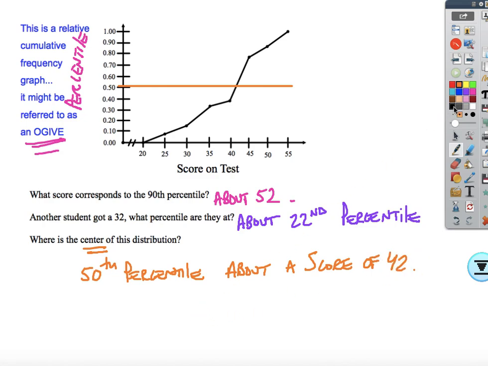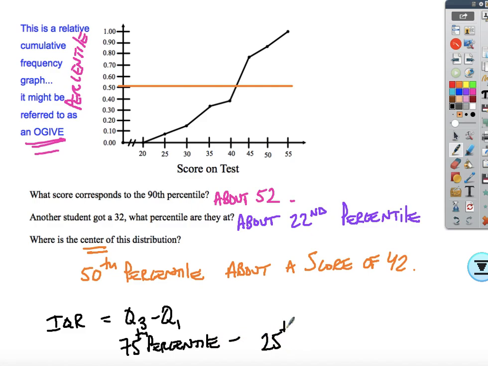Okay, let's pretend they asked you about the IQR. Well, what you got to remember is IQR is Q3 minus Q1. And in terms of reading it on this graph, just like we knew that the center was at the 50th percentile, Q3 would be the 75th percentile, and Q1 would be the 25th percentile.